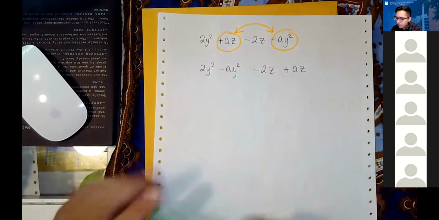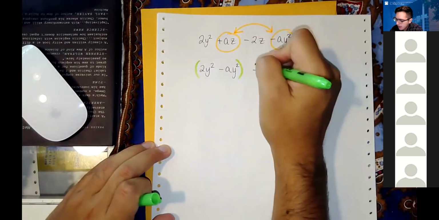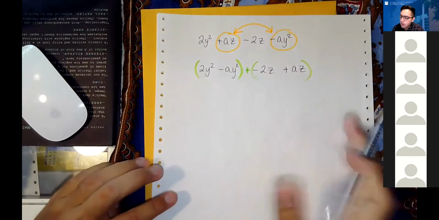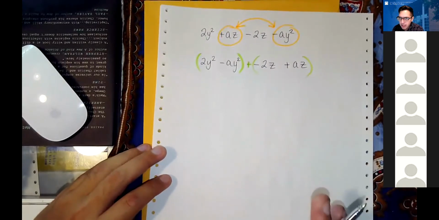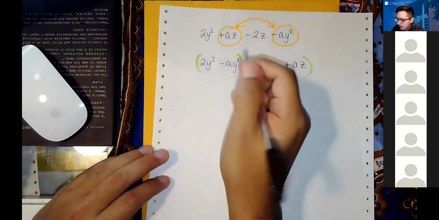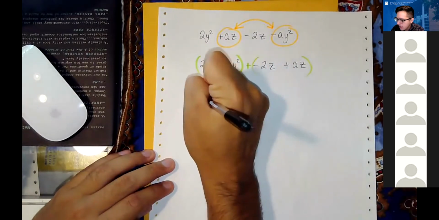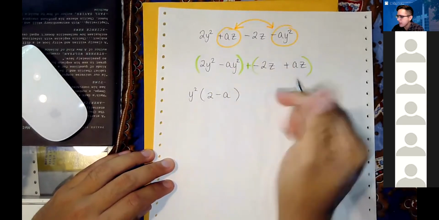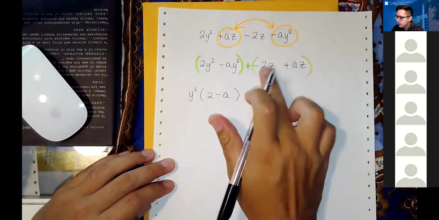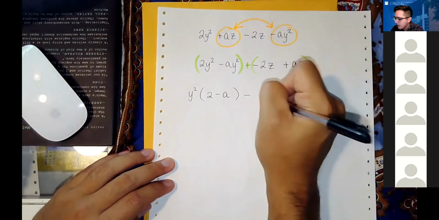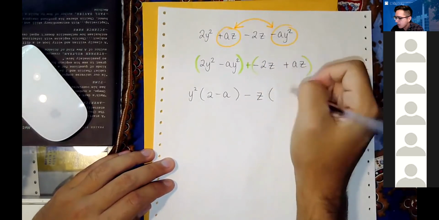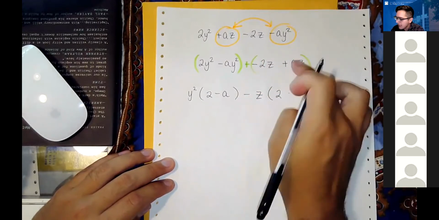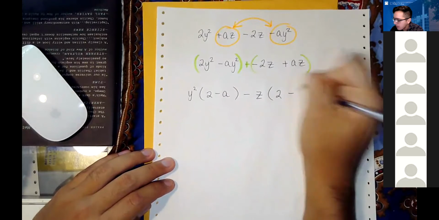And now when we go ahead and group these things, we shouldn't run into any problems where we have to do any weird tricks where we factor out a -1. So this will have a y squared in common. We have a 2 minus a. That looks good. Over here, we have a first term which is negative, so I'm going to factor out a -z. That will leave me with a 2. If I factor out a -z, then I need another negative to give me this positive az.